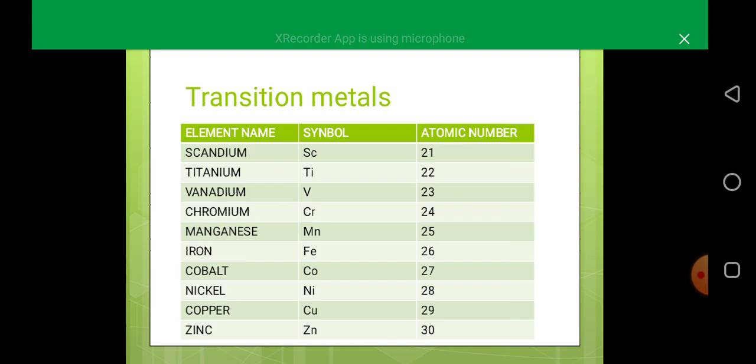We have scandium with atomic number 21, titanium with 22, vanadium with 23, chromium with 24, manganese with 25, iron with 26, cobalt with 27, nickel with 28, copper with 29, and zinc with 30.